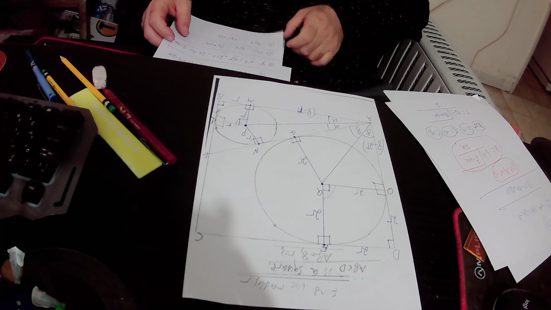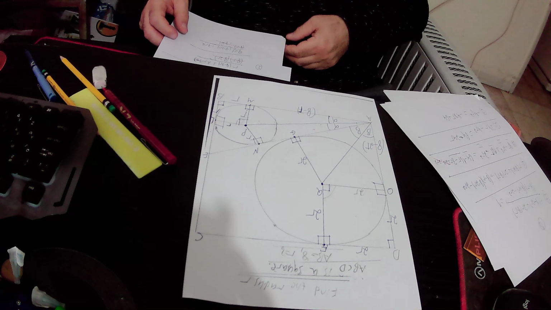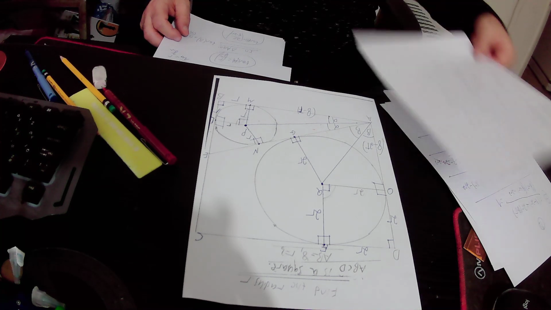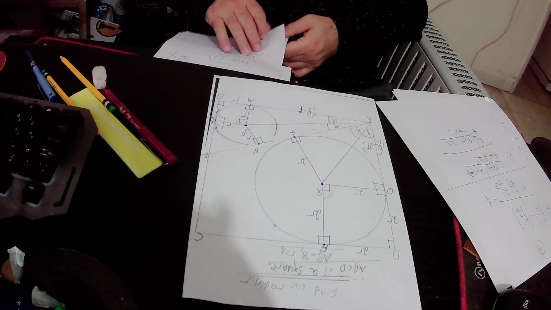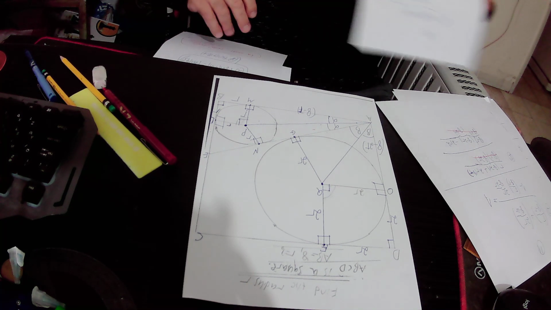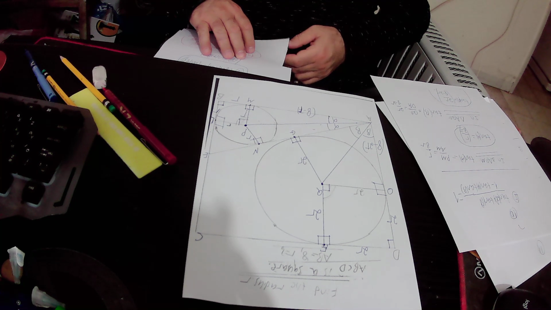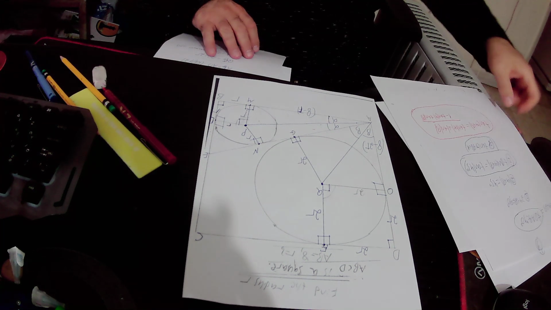We know that one side of square ABCD equals 8 units, and we know that the radius of this big circle equals 2r, while the radius of this small circle equals r, and we want to find out the value of r, or the size of the radius of this small circle.